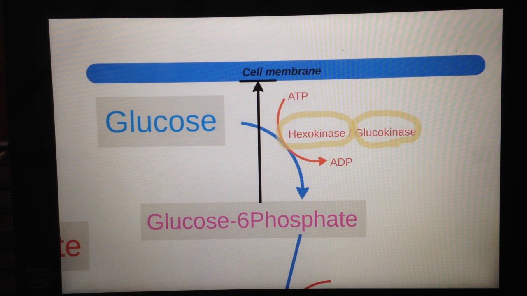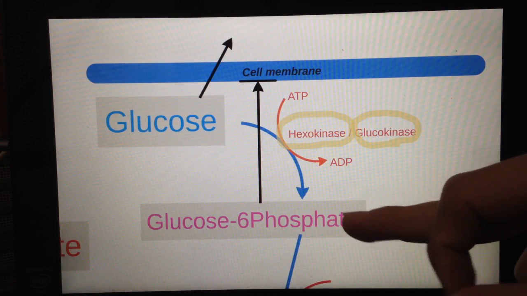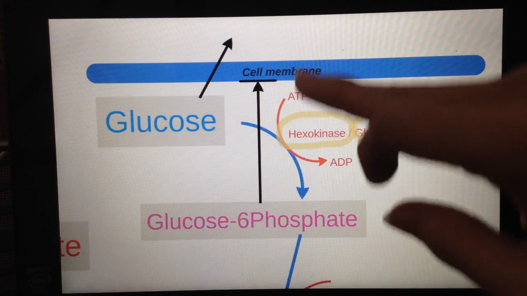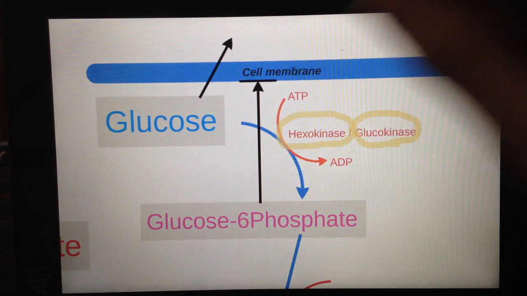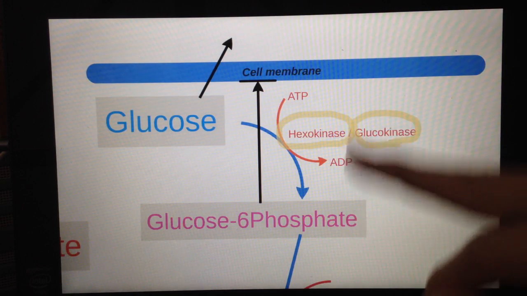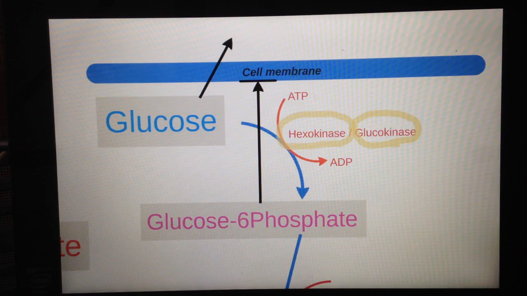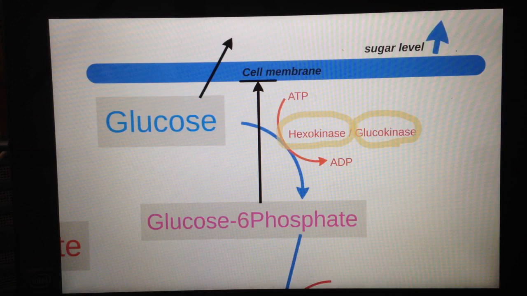Because glucose 6-phosphate doesn't have a specific cell membrane transporter to go outside, glucose can go outside, however glucose 6-phosphate can't. It's a good way to keep the glucose inside the cell, sort of like inviting someone and giving them a cup of tea so that the person can't leave just yet.